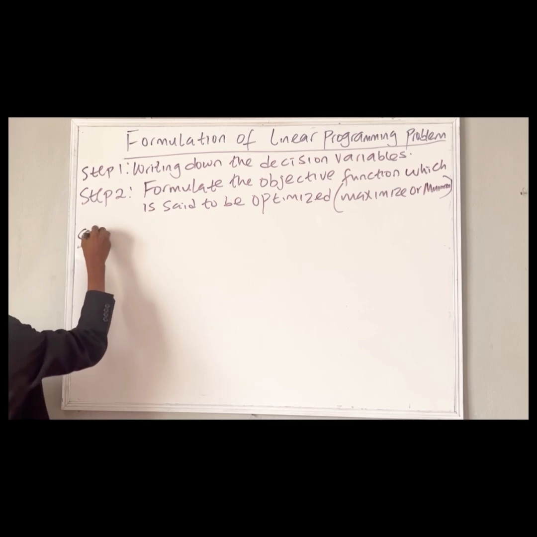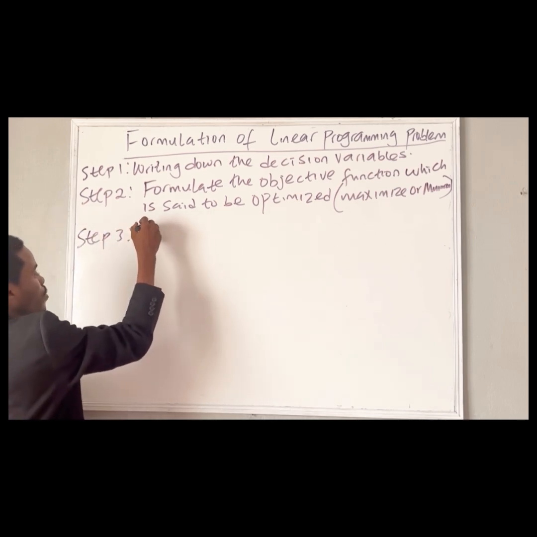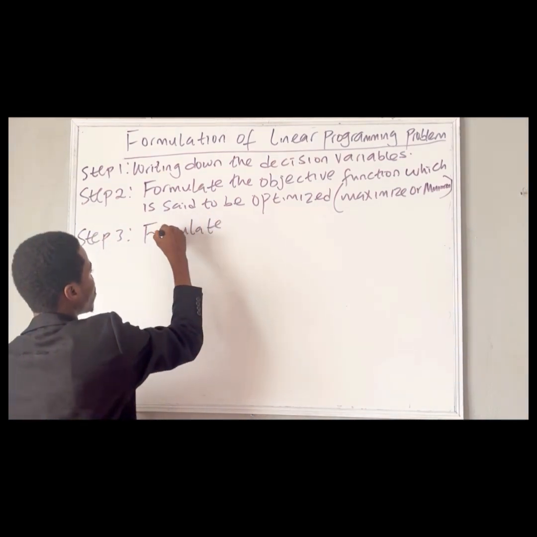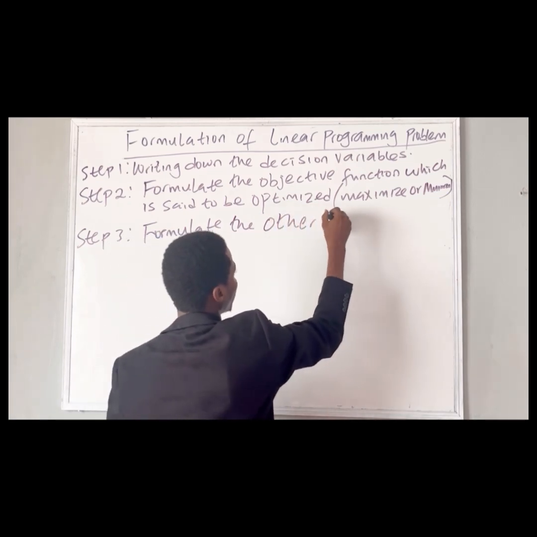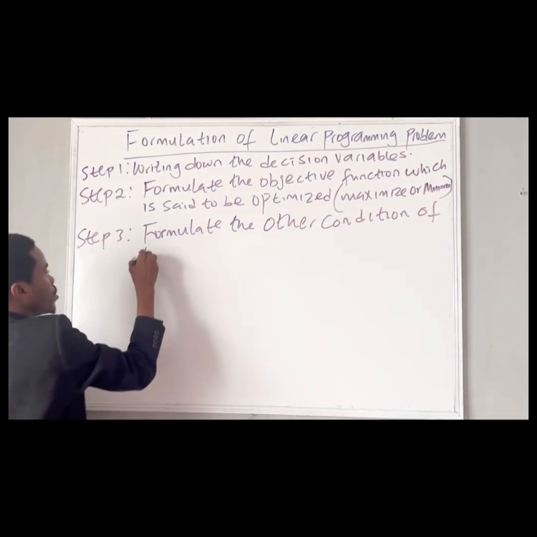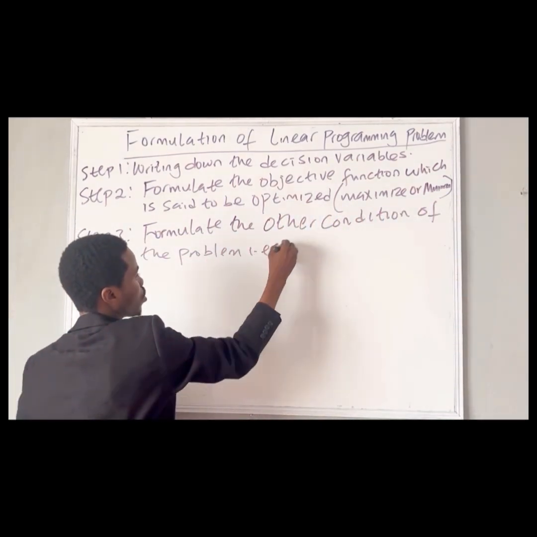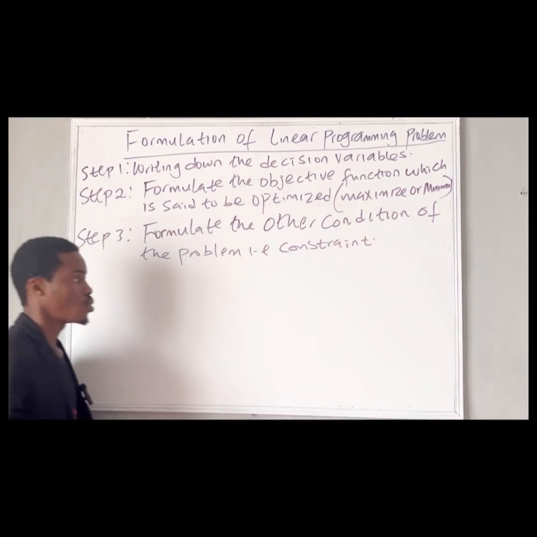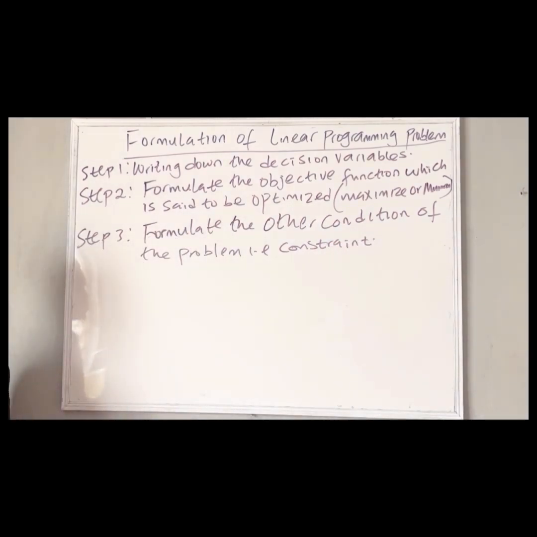Then our step 3. After we formulate the objective function, we formulate the other conditions of the problem, that is the constraints. I told you that the constraints are subject to a set of linear inequalities or equalities.